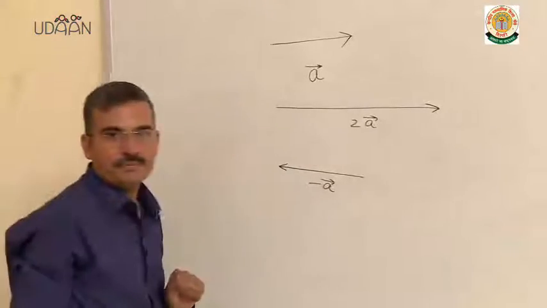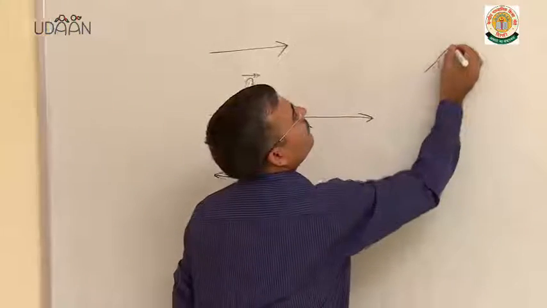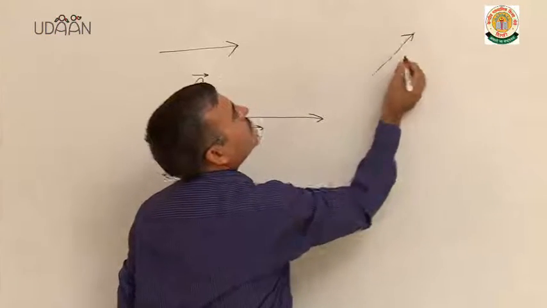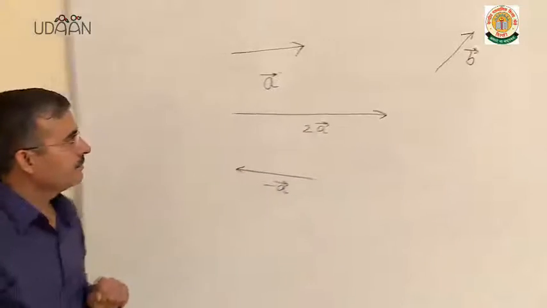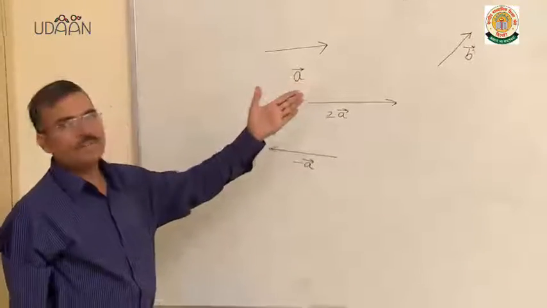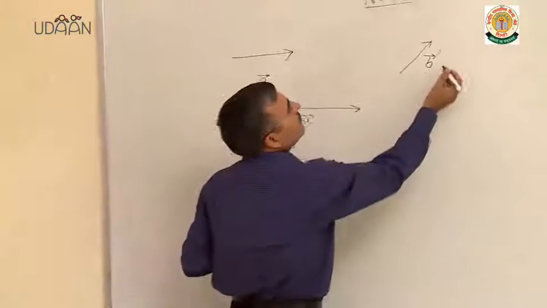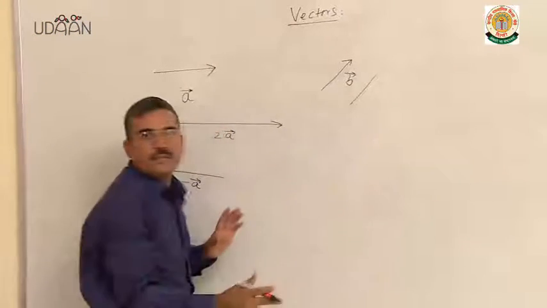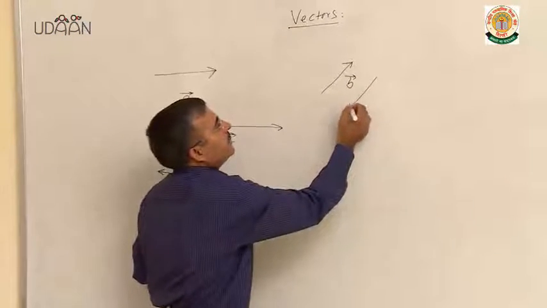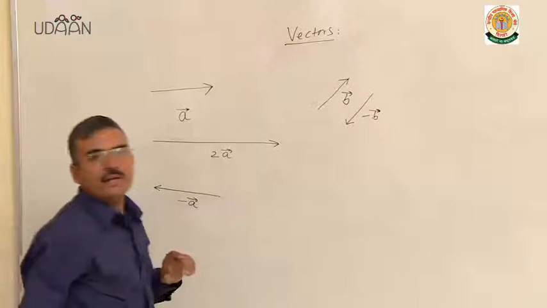Now another vector, suppose it is B vector. Direction is different than A. If we draw equal length with opposite direction, this will be minus B vector.